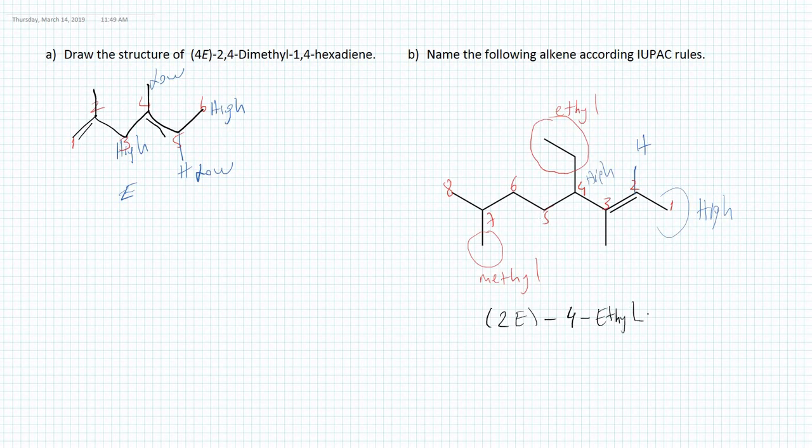Then we have dash 7-methyl. Then dash the position of the double bond, 2, and this is an octene. So we have 8 carbons, and it is an octene, and we have 2 substituents, ethyl and methyl, at the 4 and 7 positions, and we have the E isomer at the second double bond position. So we have 2E,4-ethyl,7-methyl,2-octene. Thank you so much for watching.